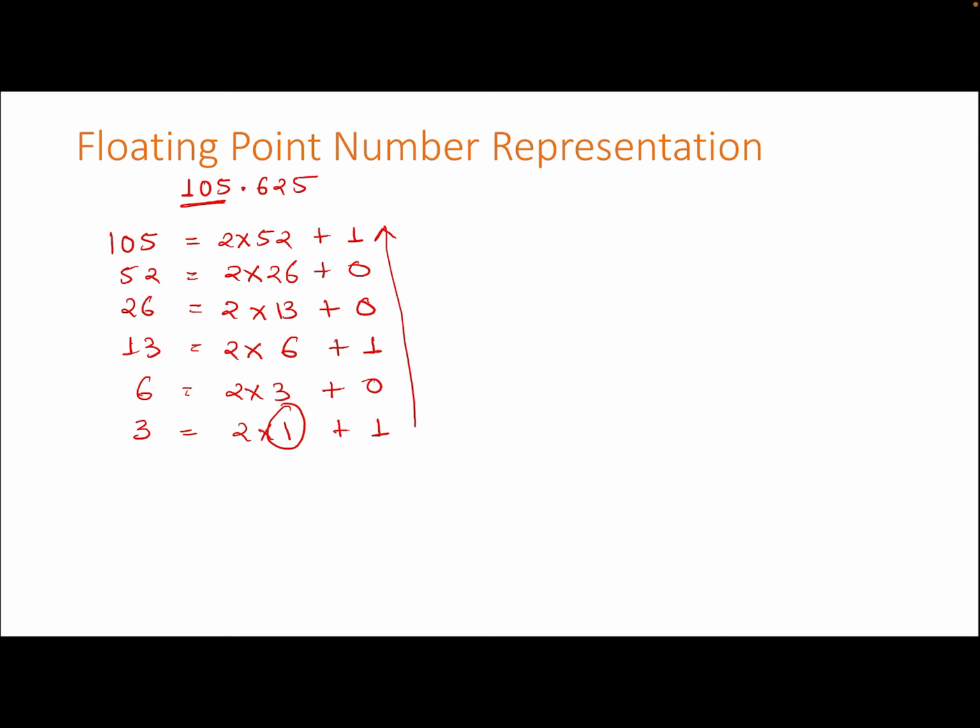Now to convert this fractional part, I will use radix multiplication. So I will take this decimal part, multiply it by 2. This is the output. I'll take the integer part out and again multiply the fractional part by 2. So I get 0.500. Again I will take the integer part out, that is 0, and multiply the decimal part again by 2.